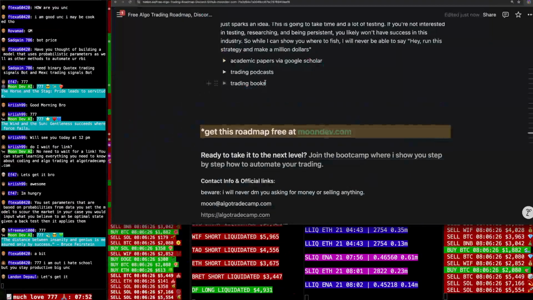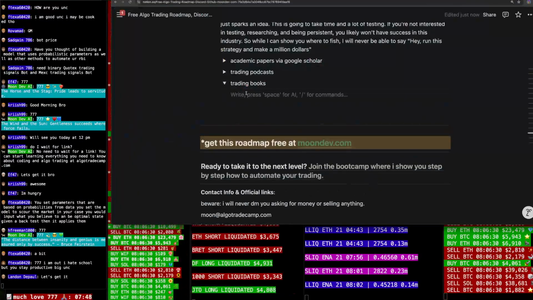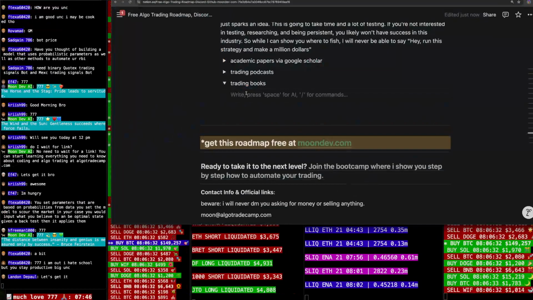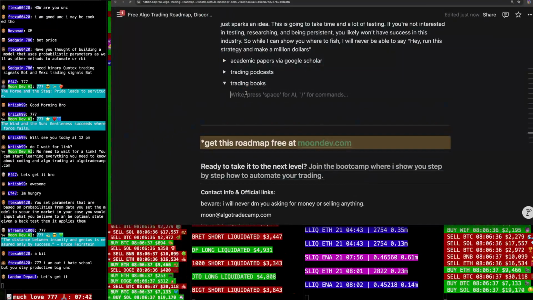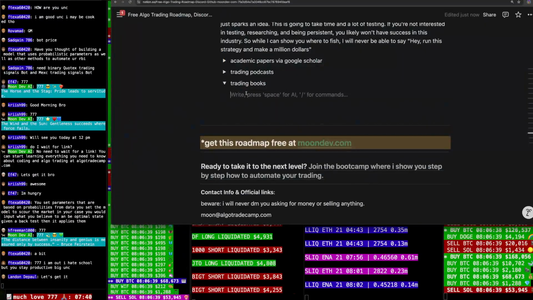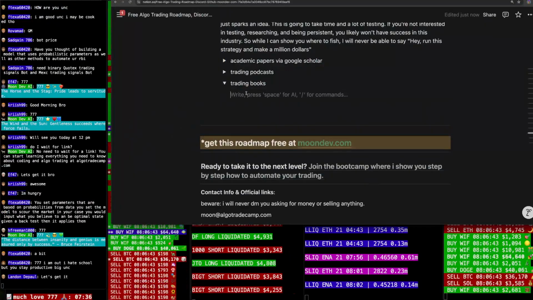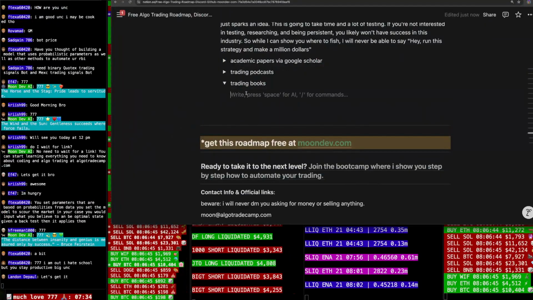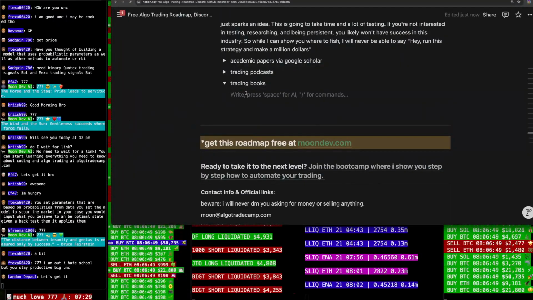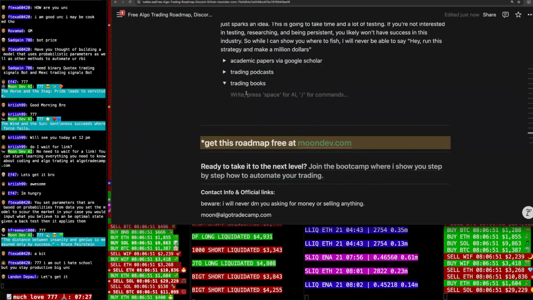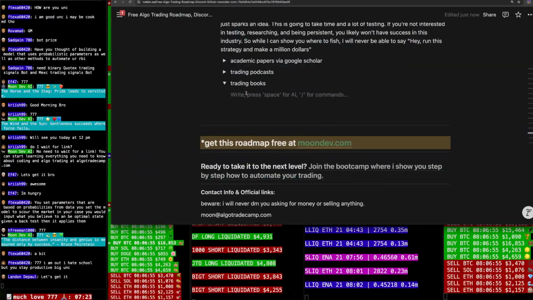Let's go here, trading books. I really love trading books to learn ideas and approaches to the market. Again, it's unlikely that anybody's ever going to just say, hey, buy and sell at this point, that point. But what I love about books is that it's usually the person's best work over the past X or Y years.